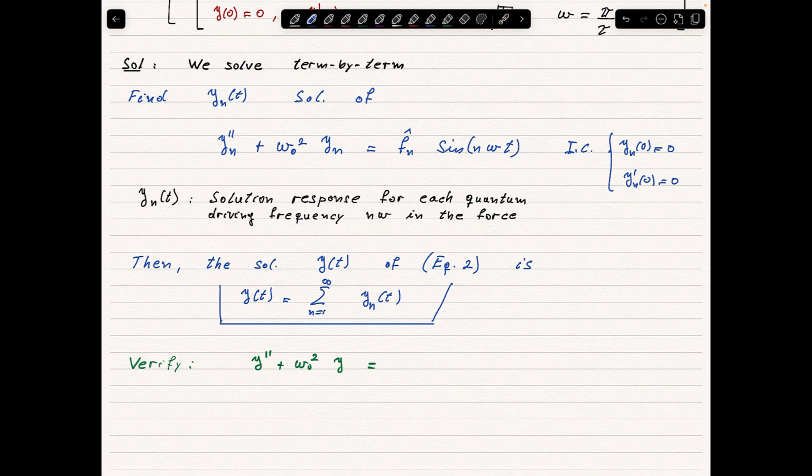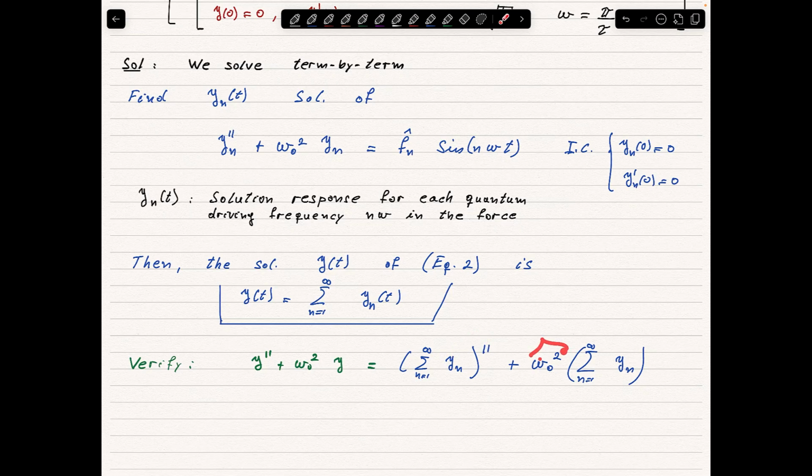Okay, let's write down the solution as that sum. Sum n equal 1 to infinity of yn, and then we need to compute two derivatives. And then omega 0 squared multiplied by the sum of this yn. Now what we can do is, first, these derivatives go term by term. So these derivatives go here, term by term. It's a sum of derivatives now.